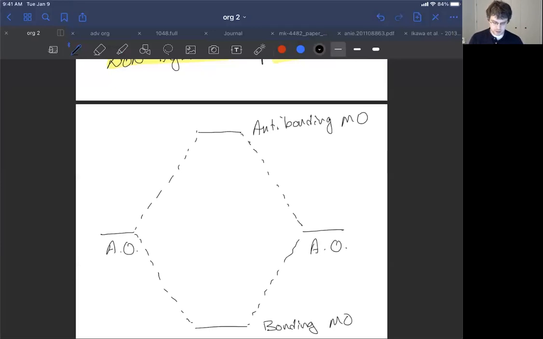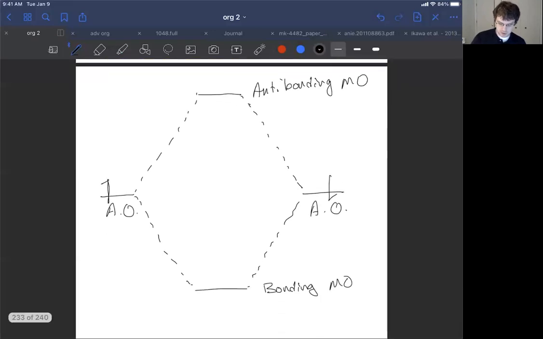Okay, now each of the atomic orbitals is going to start with one electron. I like to show them as spin opposites so they can become spin paired. We're going to carry them down into the molecular orbital, starting with our bonding molecular orbital to put two electrons. Okay, this is the molecular orbital diagram for the pi system only of ethene.